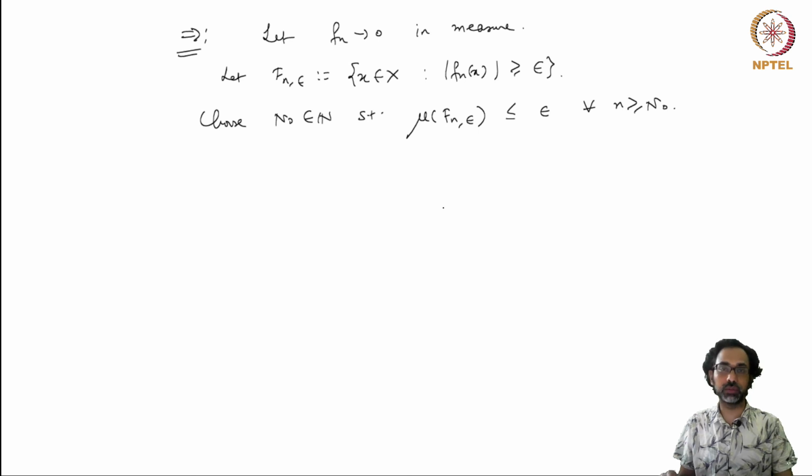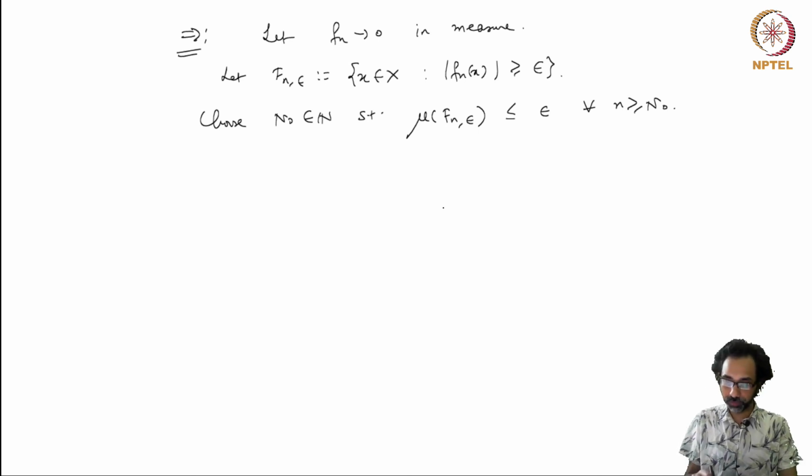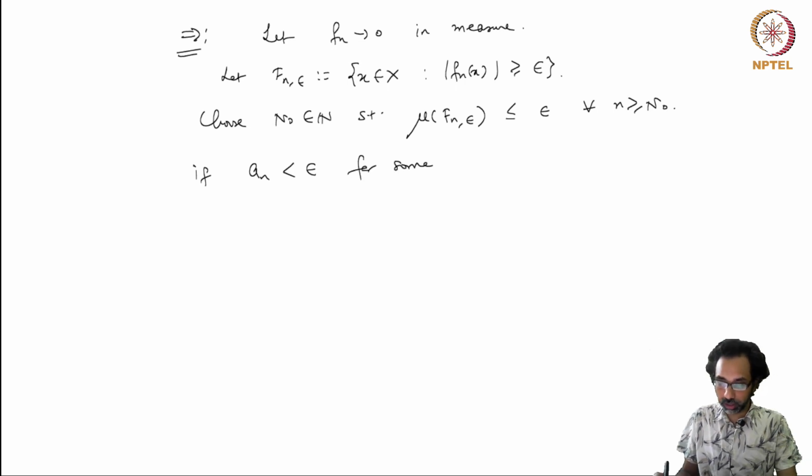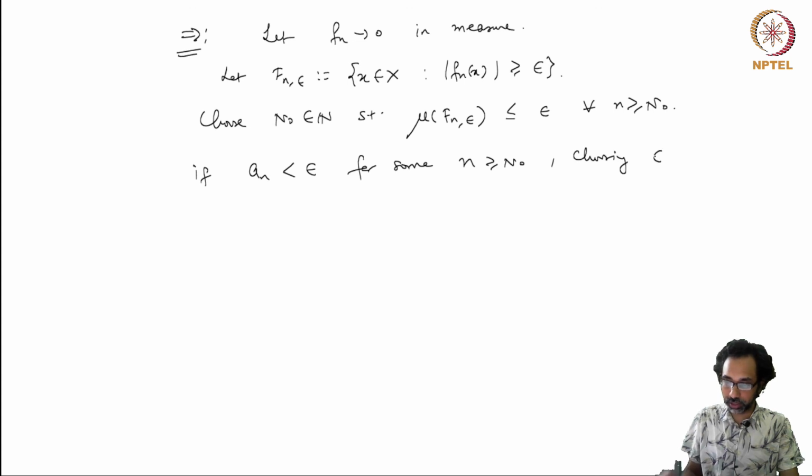So this is a condition for convergence in measure. Now we are going to separate into two cases. So if an is less than epsilon for some n greater than or equal to n naught, choosing epsilon less than c implies that an converges to 0.